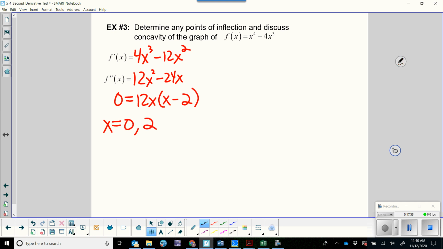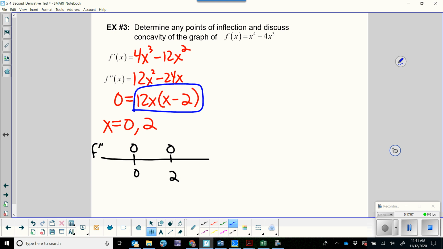So I'm just going to make my sign chart, and I just need 0 and 2 on it, and I need f double prime. I'm going to put 0 up here because we know that's where f double prime equals 0. And then I'm going to pick a point somewhere in the range, and I'm going to check the second derivative. Remember, factored form, much easier to check.